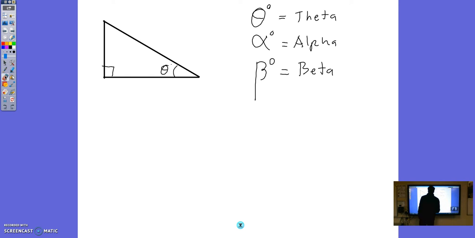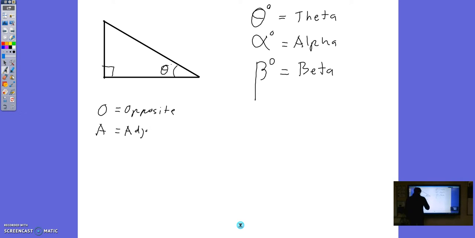Now, in terms of labeling our diagram, we're going to label it with 3 different terms. We're going to label each side. We're going to label it O for opposite. We're going to label it A for adjacent. And we're also going to label it H for hypotenuse.